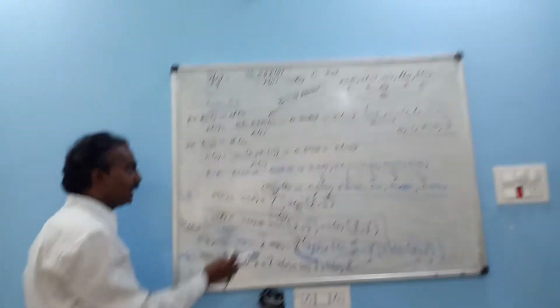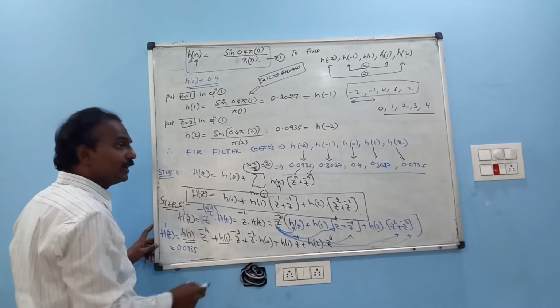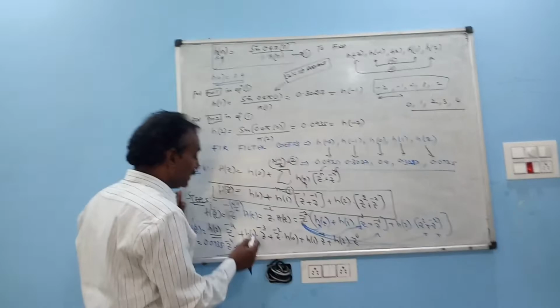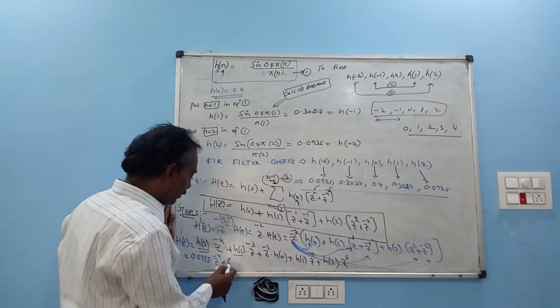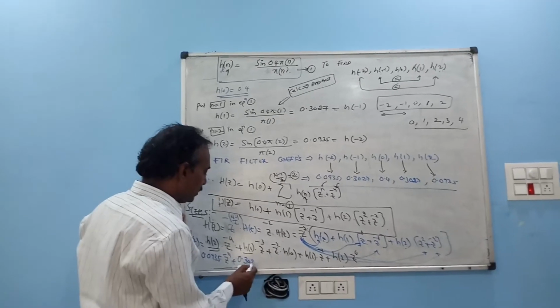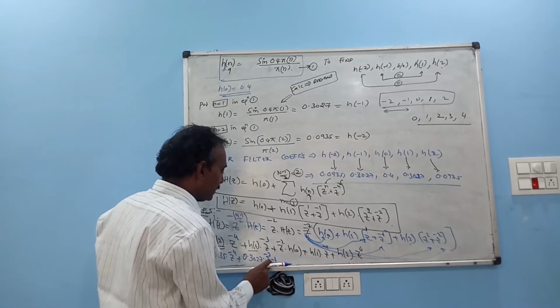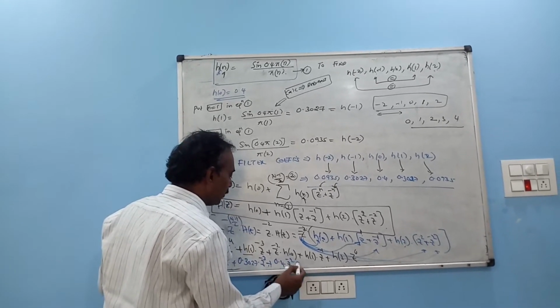Let me substitute those values. This is 0.0935 into z power minus 4. Now this is h of 1. H of 1 is 0.3027 into z power minus 3, plus h of 0 is 0.4 into z power minus 2.